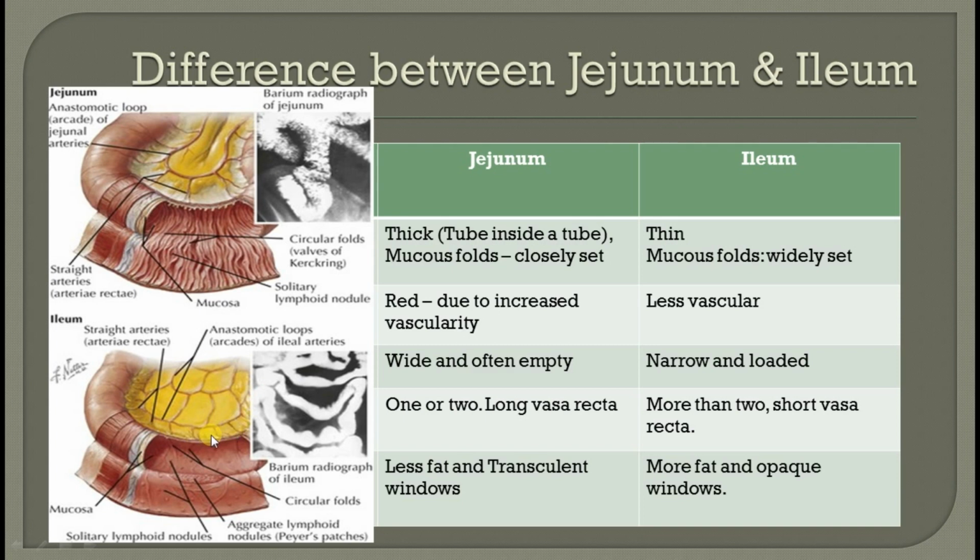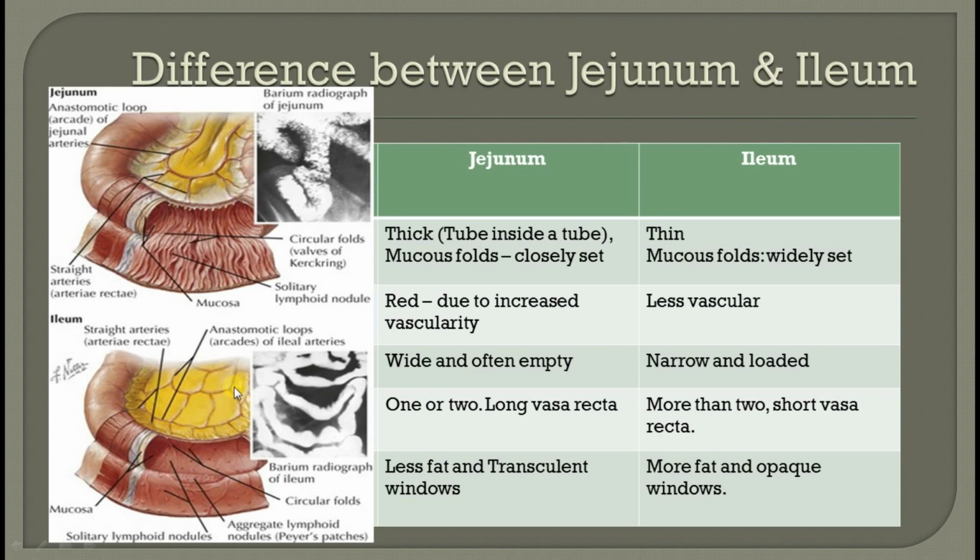Then, if you look at the fat content in the mesentery, in the case of the jejunum, the fat is actually limited to the root of the mesentery, near to the root of the mesentery. So when you throw a beam of light onto these arterial arcades, they appear translucent or transparent.